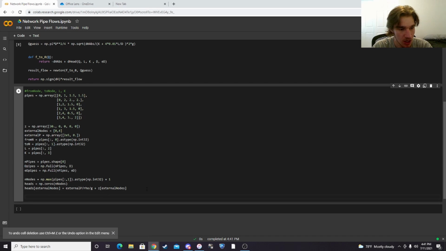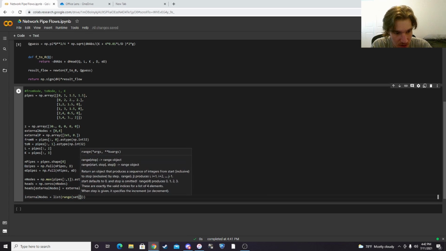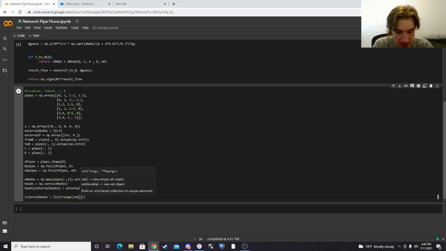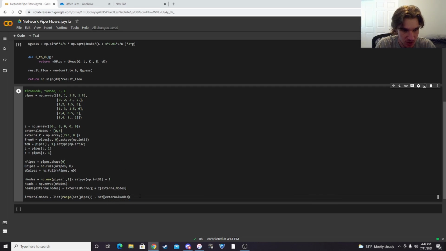We're also going to be needing the indexes of the internal nodes, which we can find now. This is going to be equal to a list of range of set of, we want pipes minus the external nodes. And see if this works correctly for us.